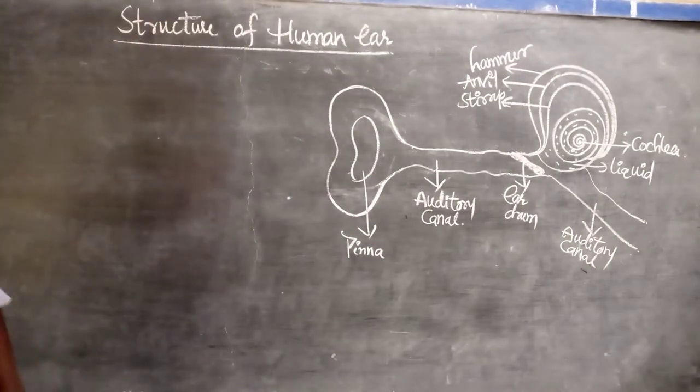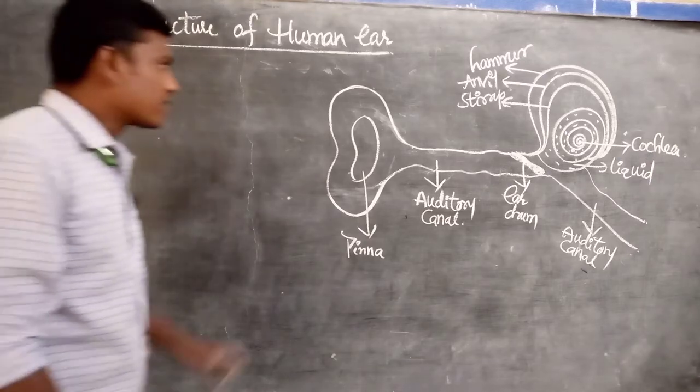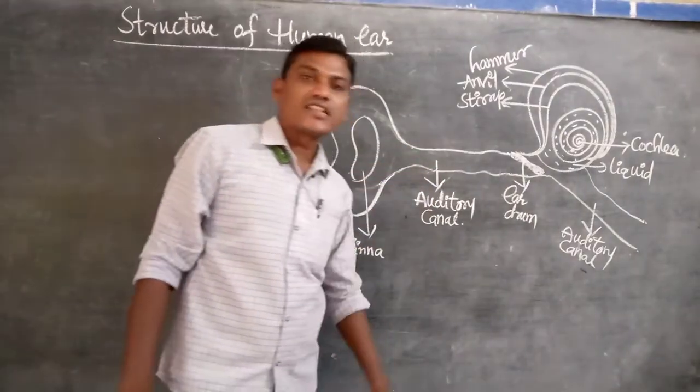So it is a rough or brief diagram of our human ear. First of all, I will try to explain how many parts there are here.